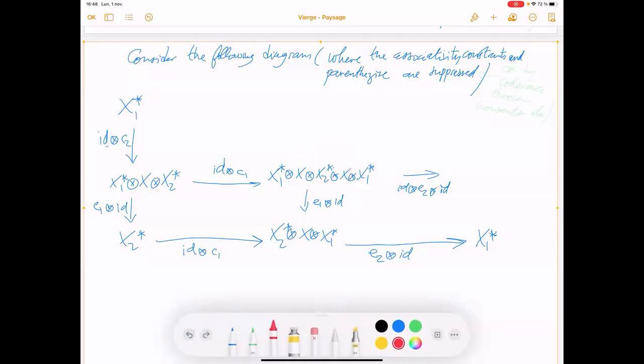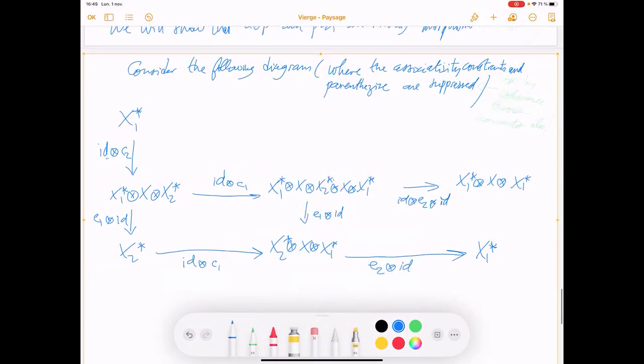Okay. And what you get is x1 star tensor x tensor x1 star. And from here, you also apply identity tensor C1, and you get x1 star tensor x tensor x1 star. Here, you just apply the identity. And here, you apply identity tensor C2 tensor identity.